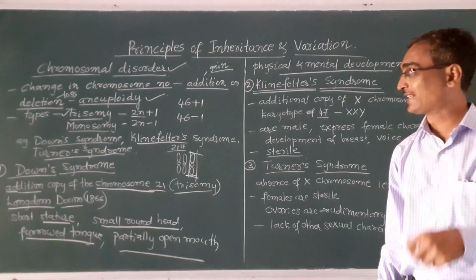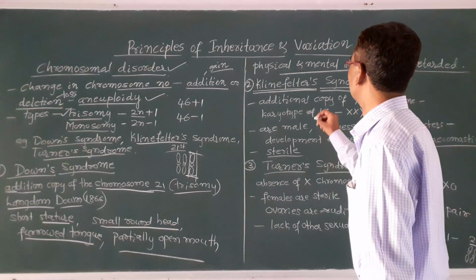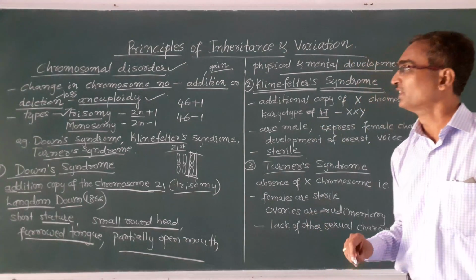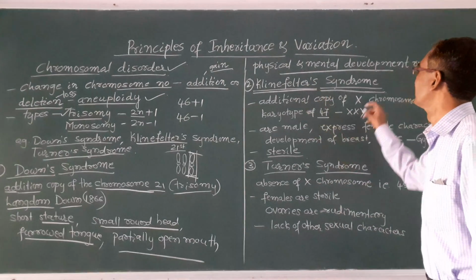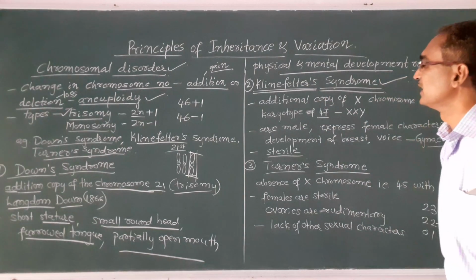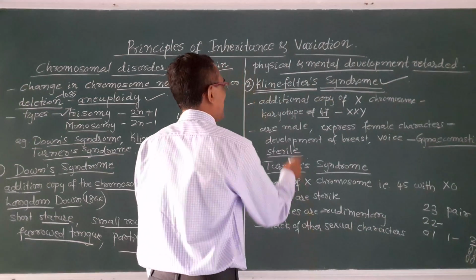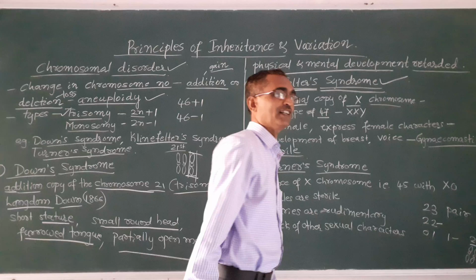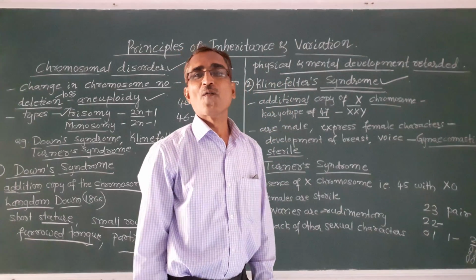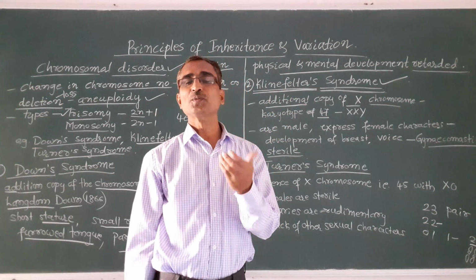Next, chromosomal disorder is Klinefelter's syndrome. Here, an additional copy of the X chromosome is added.